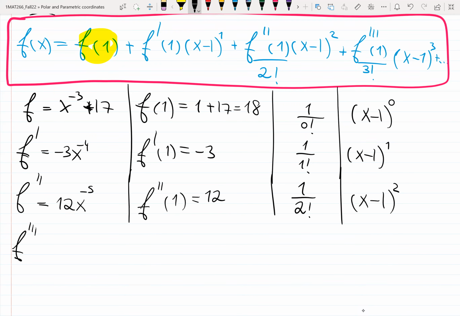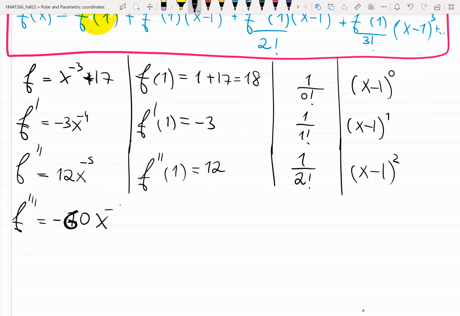Third one: minus 3 times minus 4 times minus 5, that's minus 60, x to the minus 6. f triple prime at 1 is minus 60. So divided by 3 factorial.